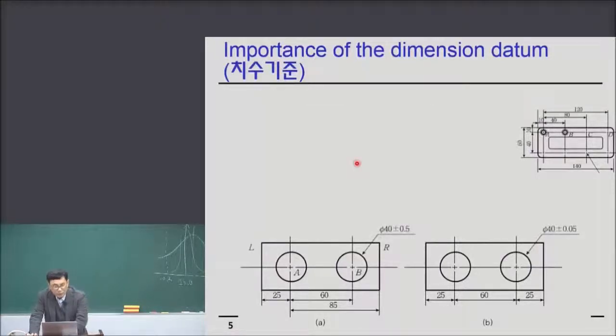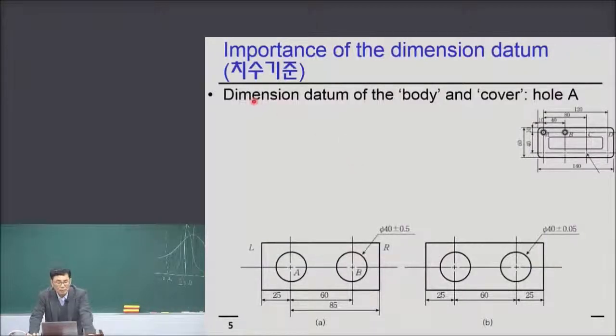And so maybe sometimes you may maintain the dimension datum of the body and cover as hole A. Okay, from hole A, this hole A is the dimension datum. So from hole A, 40, 80, 120 the dimensions are placed. Okay, all right.